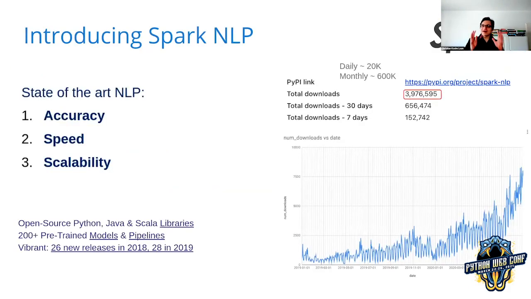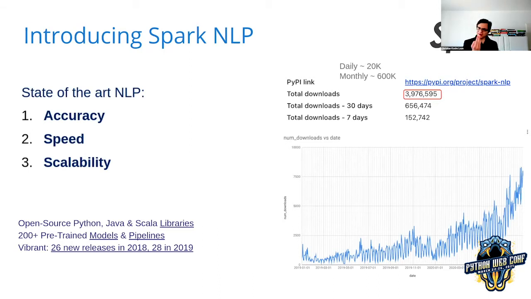So to understand this, you might first of all wonder, how does NLU derive all of this power we are promising? This is possible through the amazing Spark NLP library, which focuses on providing the most accurate, the most scalable, and the fastest model out there.